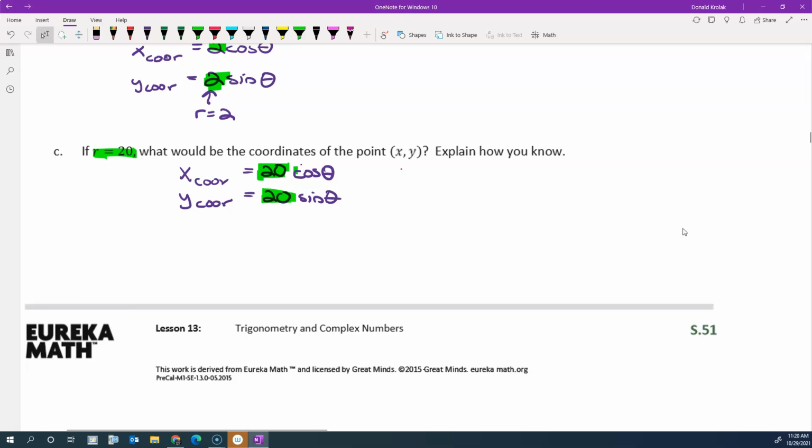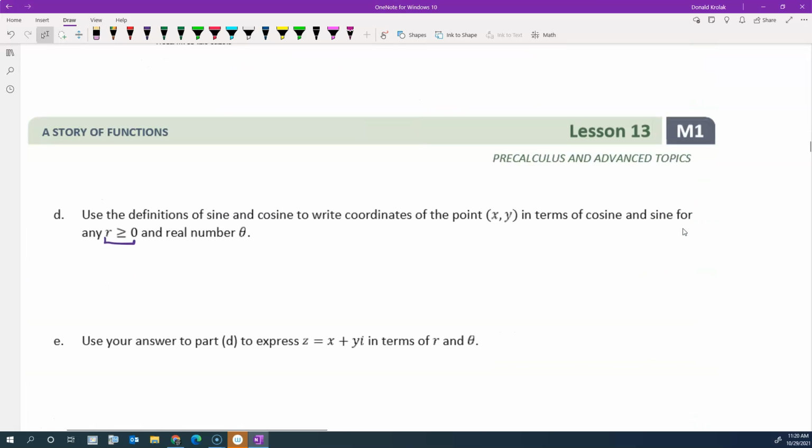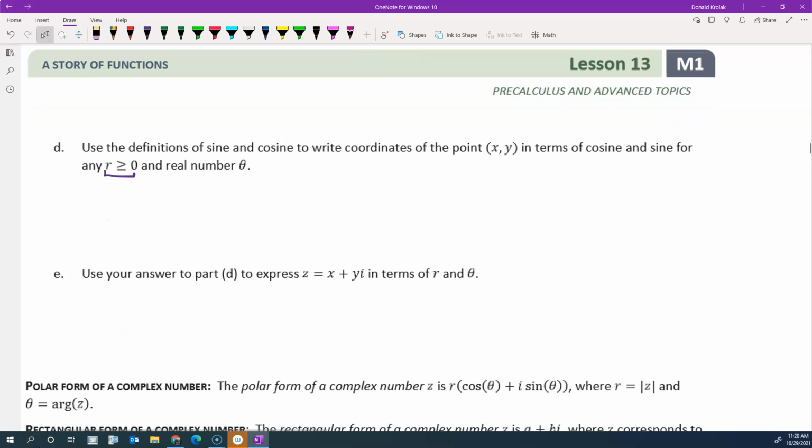It was 20. So your x coordinate is simply r times the cos, and your y coordinate is r times the sine.